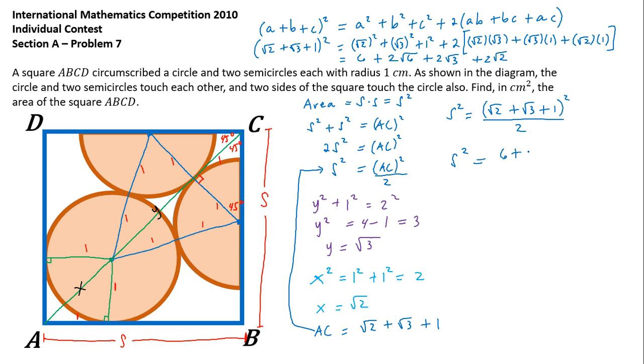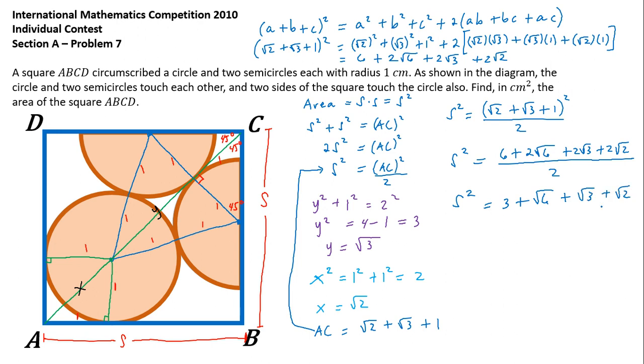6 plus 2 square root of 6 plus 2 square root of 3 plus 2 square root of 2, divided by 2. And we can actually cancel some common factors. So S squared becomes 3 plus square root of 6 plus square root of 3 plus square root of 2.